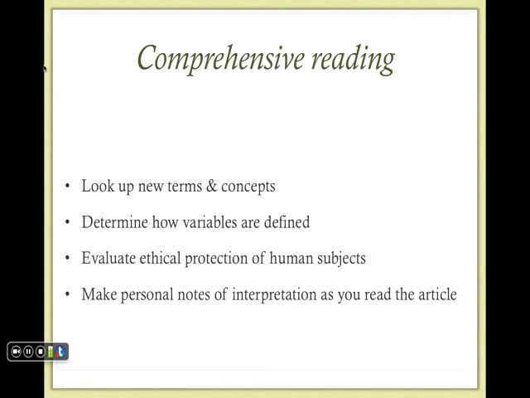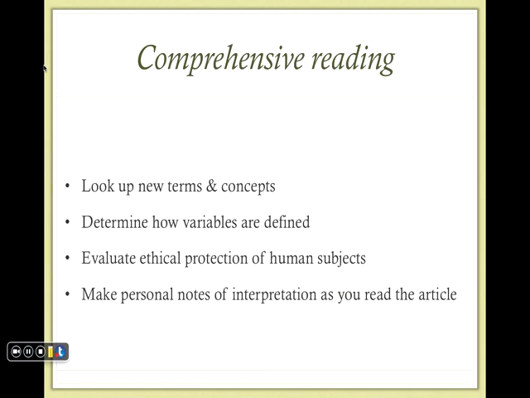When you read an article comprehensively, when you come to a term that you don't understand or you're unfamiliar with, stop and look it up. That's why you have a textbook, and that's how you'll learn. Determine how the variables are defined. Then you want to look and evaluate any ethical implications in terms of protection of human subjects.